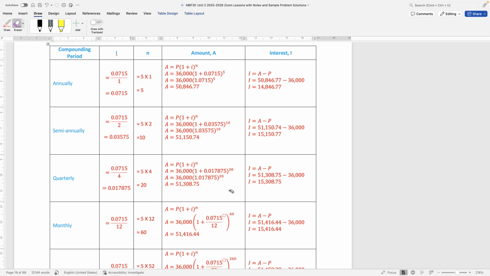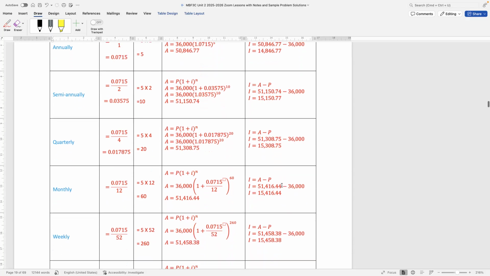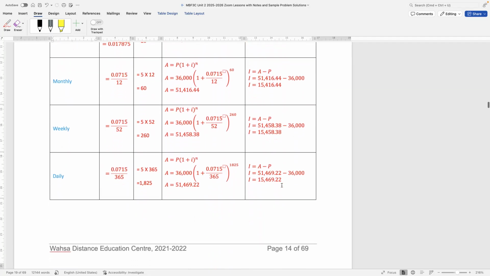Round that to the nearest penny and you'll get $51,308.75. To find the amount of interest, you subtract 36,000 from that amount. You end up with 15,308.75. So we've done 3, and we have 3 to go.